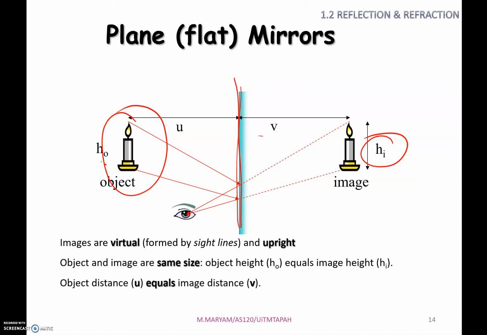You can see that your image is the same distance as compared to the distance you are standing from. So if you are standing 1 centimeter from the mirror, your image is also 1 centimeter from the mirror. That's what is meant by the distance of the image being the same as the object. Also, the image that you see is virtual and upright. It does not become inverted, but the image is not real because it's behind the mirror.